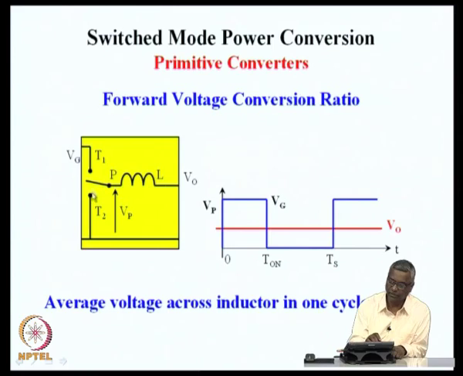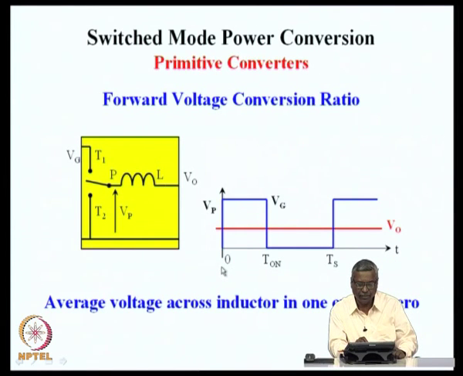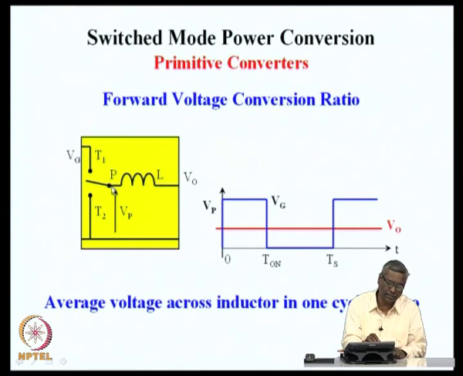is that the switch is operating with a duty ratio with a switching period of 0 to Ts, and in that from 0 to T on, during the on state, the switch is connected from P to T1, and on account of that the voltage Vp, this is the pole voltage, is the same as the source voltage Vg.